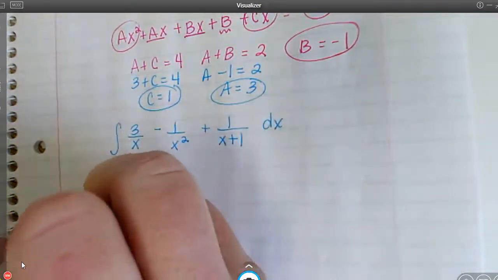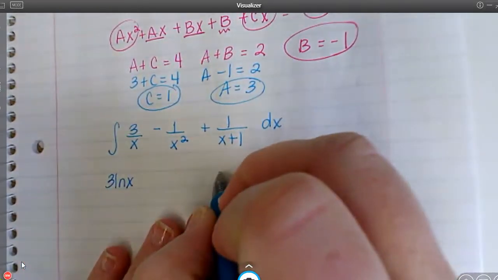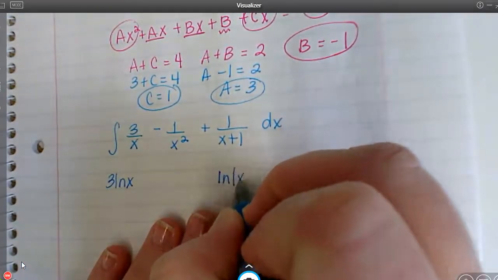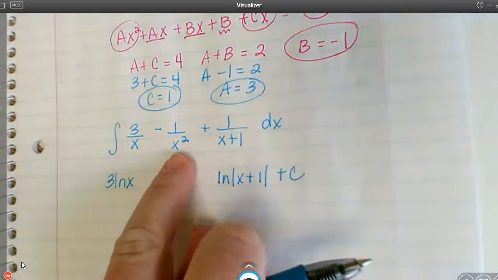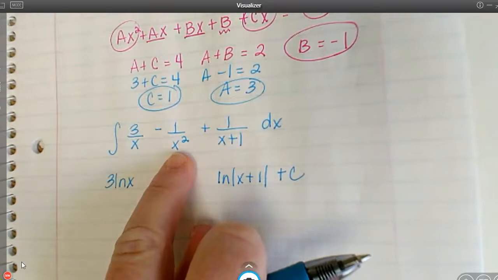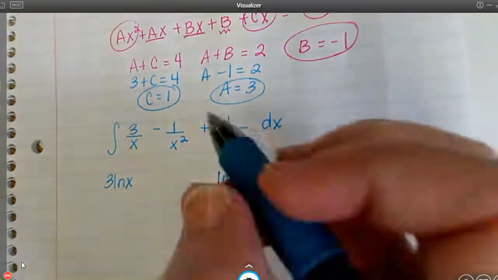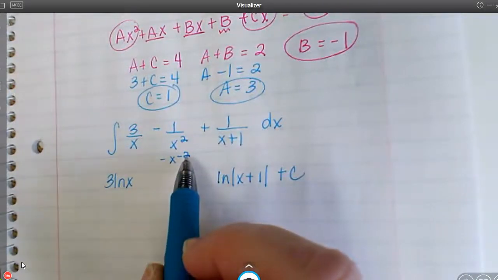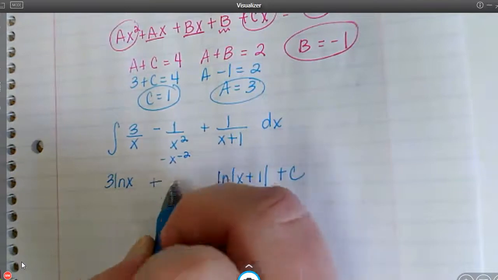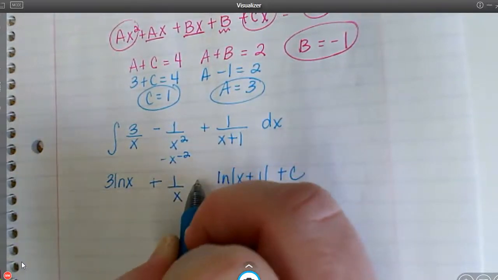This is just 3 natural log of x, and this is 1 natural log of x plus 1. But for this one, because that's raised to a second power, I have to just think about the antiderivative rules. Think that this is x to the negative 2, so I'm adding 1 to it and dividing by it. So that's just negative 1 over x, or x to the negative 1.